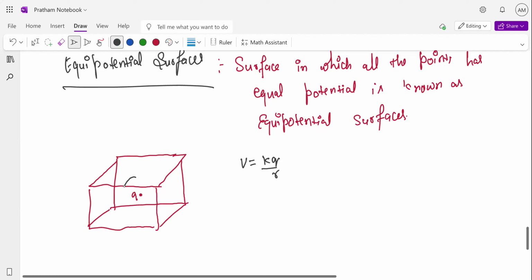Instead, if I take a sphere, any point is at distance r, so it is an equipotential surface.